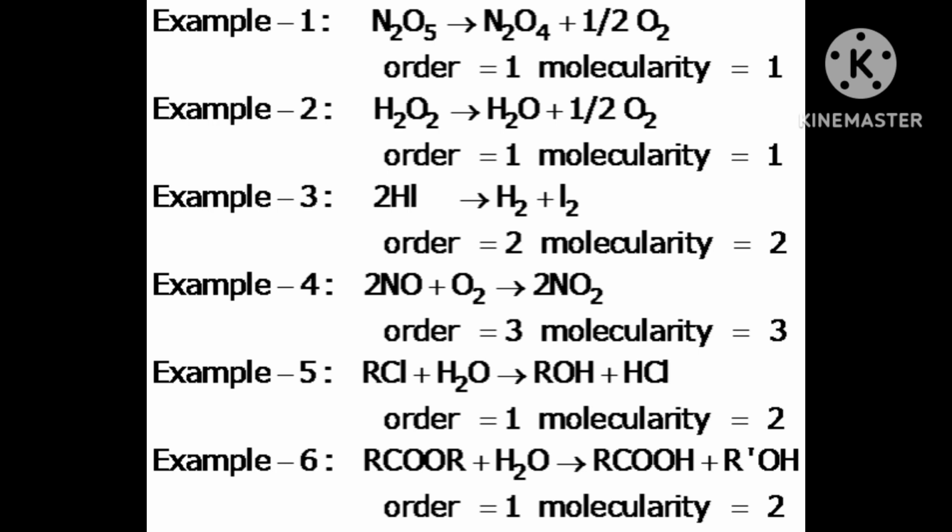And then the reaction will take place. Then a new bond will form. A new product will form, which means a new bond will form. Suppose in breaking the bond, 2 steps are required, and with the reaction, 1 more step or 2 steps are required.